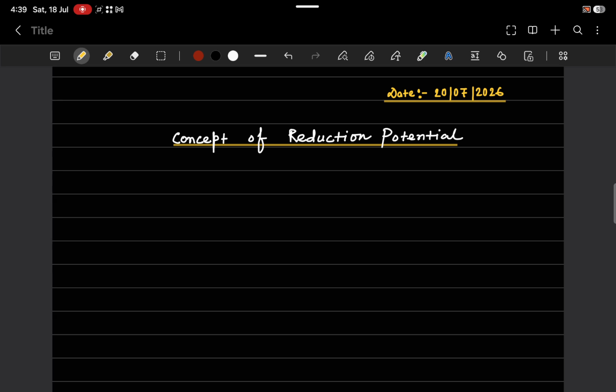In a similar fashion, we should know the thermodynamics of each and every oxidation reaction that happens in organic chemistry, and how we can correlate our electrochemistry concept here. We will look into that matter in this class.